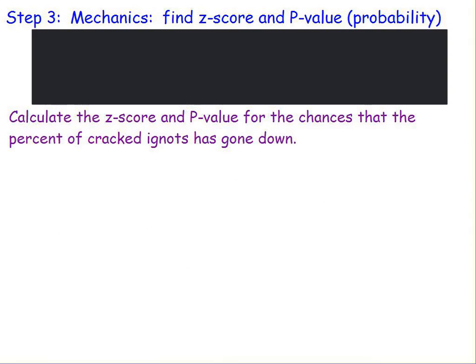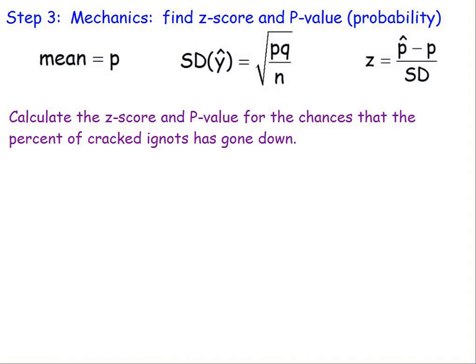Step 3 is the number crunching. It's the mechanics. You have two things to find. You first have to find your z-score, and then you have to use your blue sheet to find your probability. Let's look at the necessary formulas you will need to use here. For the first formula, you'll need to know the mean. The mean is the original p value that we used and were given.